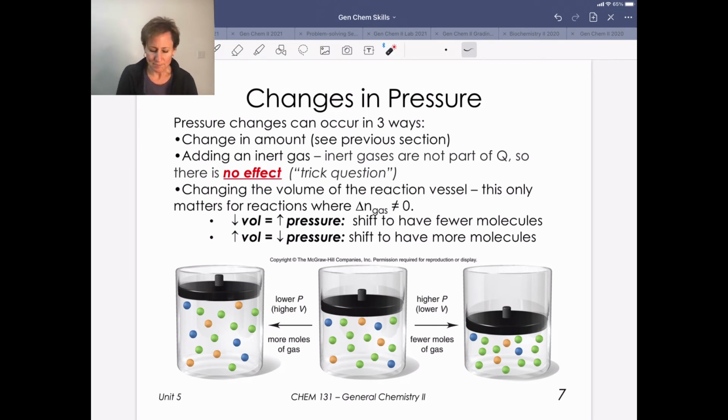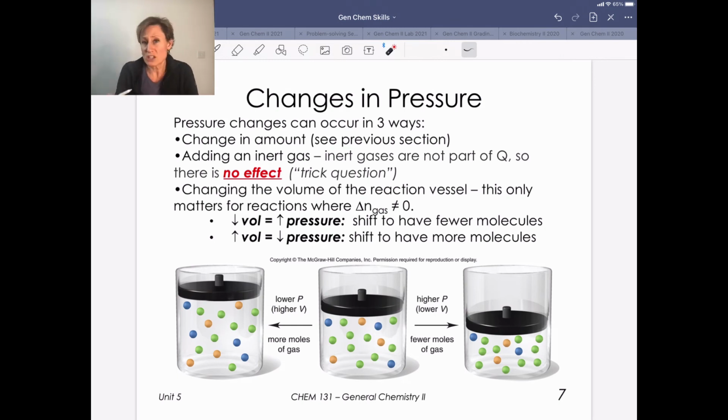We can add an inert gas. Well, inert gases are not part of our equilibrium expression, so there's no effect. This is really a trick question, and I can almost guarantee you're going to see a quiz question on it. If you add an inert gas, there's no effect on the equilibrium. There's no shifting that happens.